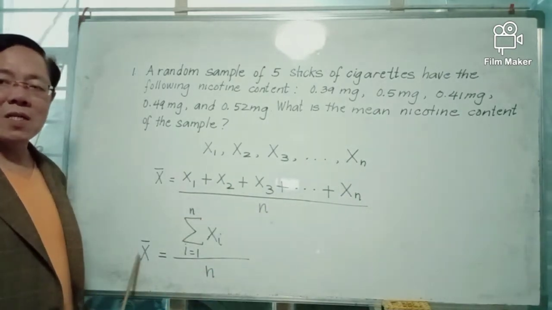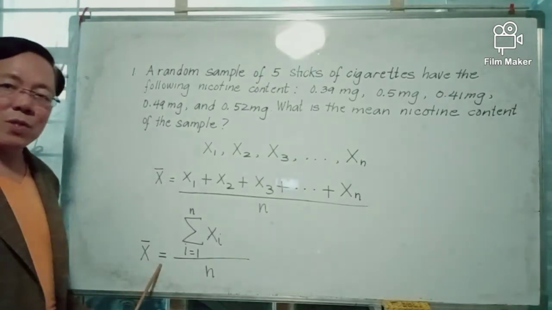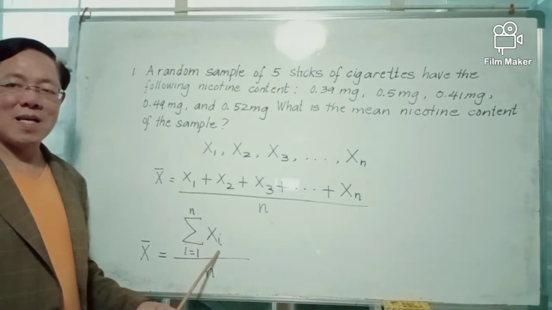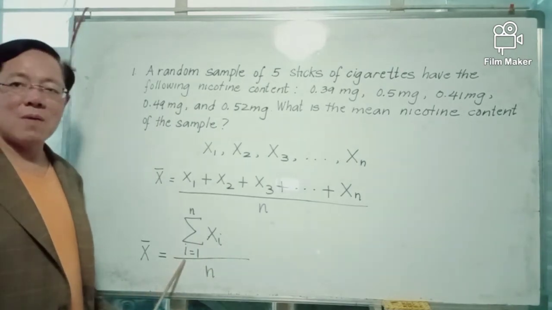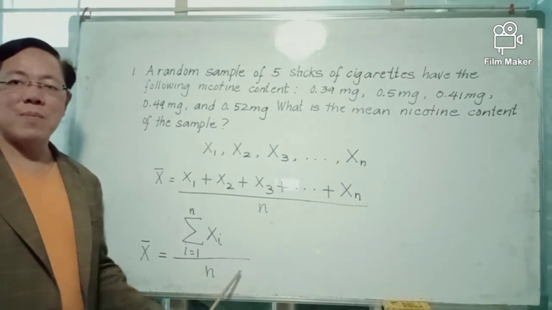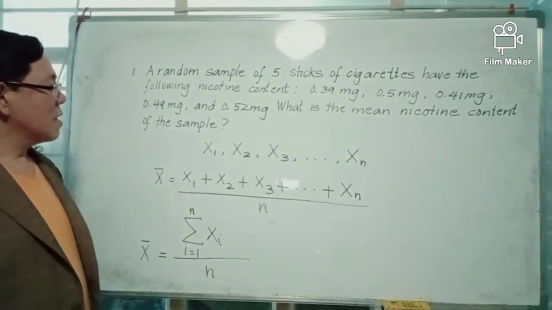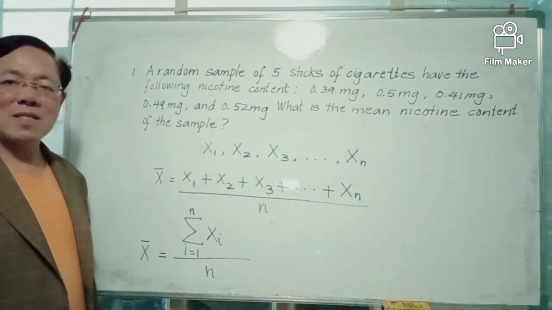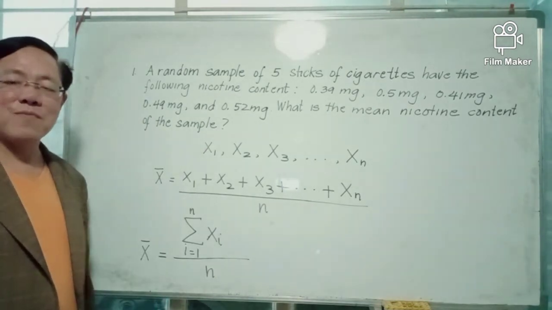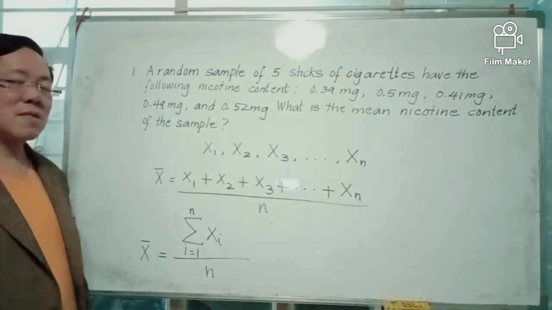Hence, x bar, the sample mean, is equal to the summation of the values x of i, where i varies from 1 to n, and the sum is divided by n. We take one example to apply this formula for sample mean.